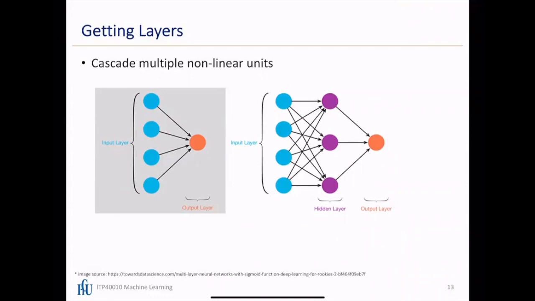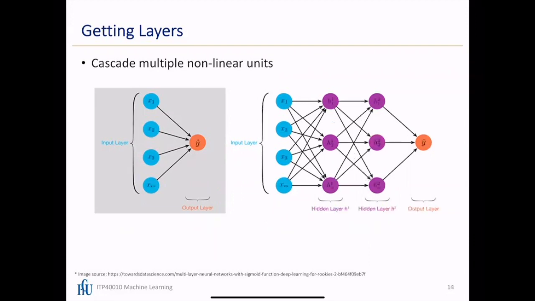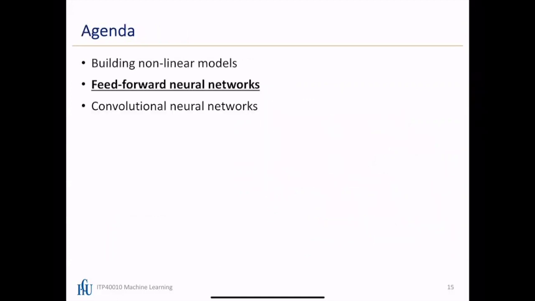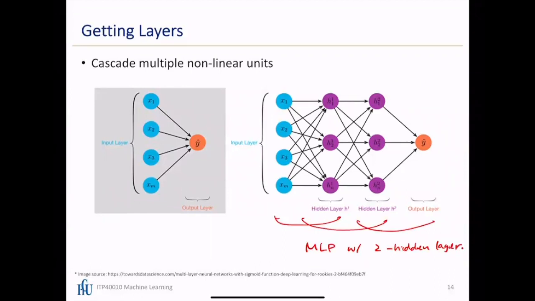Well, let's quickly recall. We are cascading multiple linear units to form nonlinear decision making. This is a simple linear unit, and you are cascading them into multiple layers. So it can be a 2-layer network, or MLP with 1 hidden layer, or MLP with 2 hidden layers. While you are doing this, one important thing is that at the end of each layer, you have to have an activation function.